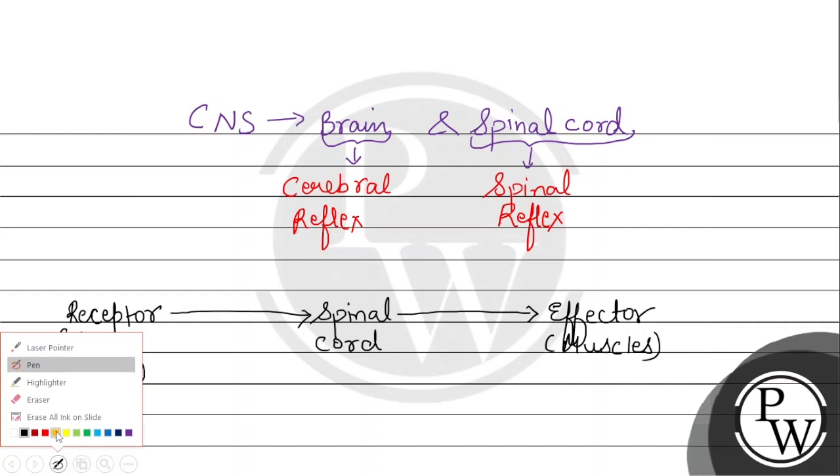So through which neuron does it occur basically, that is the question.